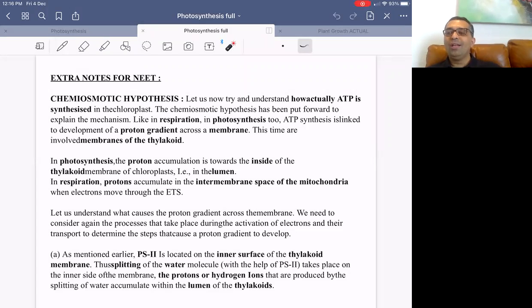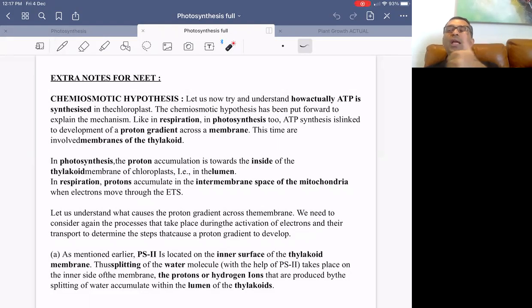Chaliye. So, last session we understood a beautiful topic called the dark reaction, and today we have a very nice logic called the chemiosmotic hypothesis. Sounds familiar? In mitochondria, ATPs were made by the chemiosmotic hypothesis.